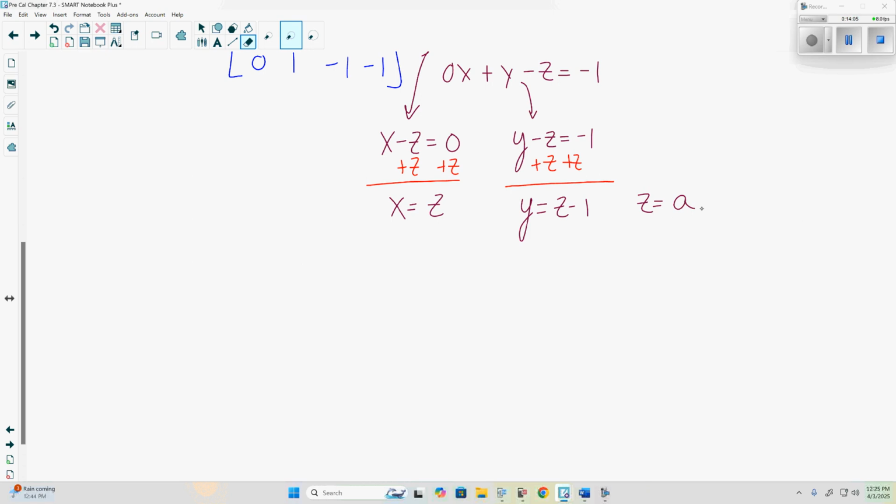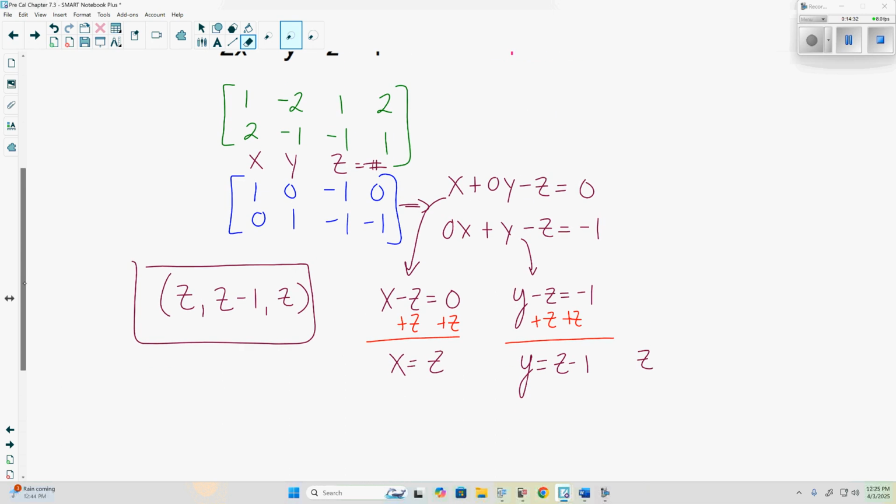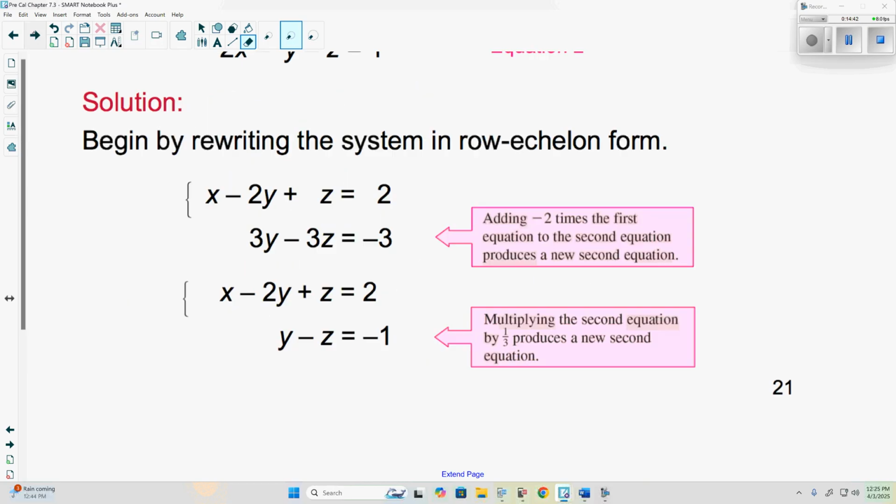Z is just a value, or we can just call it A, we can just call it Z. So for our solution here, really we're going to be looking at the point Z, Z minus 1, and Z. Because for any value of Z, this ordered triplet, Z, Z minus 1, Z, will give us a solution that works for all three. So we plug the original one into the calculator and take our REF of it to get this here, which helps us find this infinite set that works.